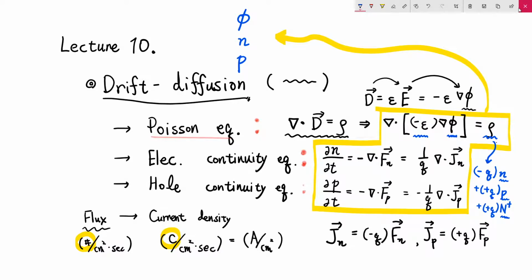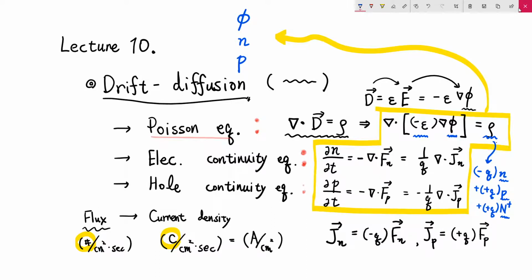So the Poisson equation can have dependencies on phi, n, and p. It can also depend on N plus, however that is given, and on epsilon, but that is given. So everything is quite clear.